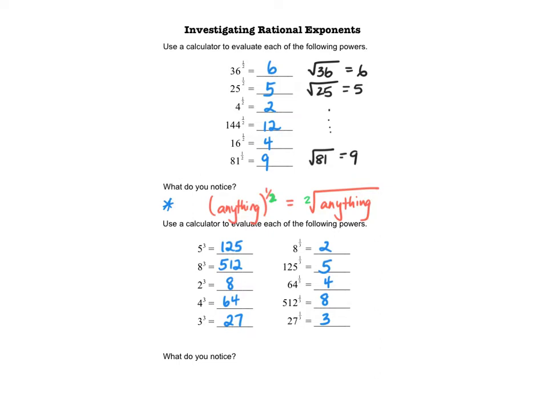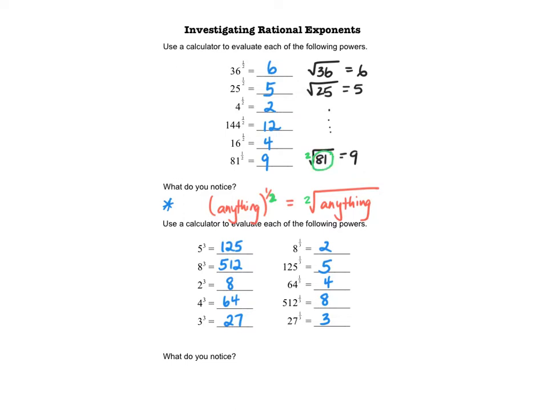And the reason that is there is because when we evaluate a square root, for example, when we evaluate the square root of 81, we're asking ourselves what number multiplied by itself twice gives us 81. And that's why it's a square root, because we're looking at numbers that are squared to give us the value of the radicand.